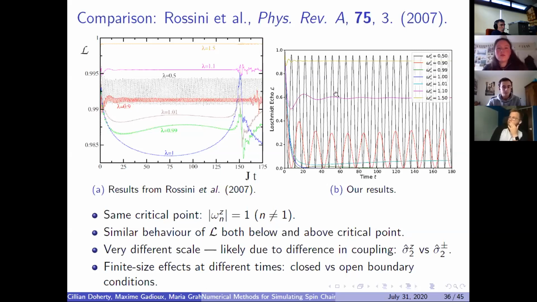And there is, as you can see, a critical value here at lambda equals 1, which is also present here, where the decoherence goes to a minimum. And it only comes back up due to finite size effects. But in our case, it just continues at a minimum. You can also, as I mentioned, see the finite size effects here, but I'll go back to this later on.